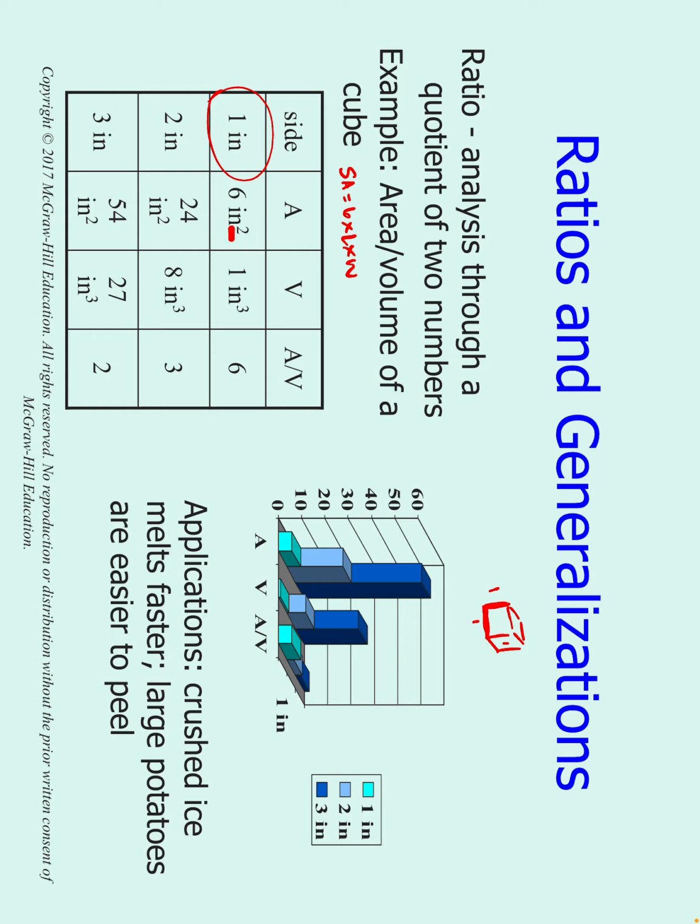Then the volume is length times width times height, so 1 times 1 times 1, which is why you get 1 inch cubed. If you were going to do the ratio of those two, area and volume, you would just do the 6 inches squared over the 1 inch cubed, and you end up with 6 divided by 1, or 6. And then they go on and do it for if the cube had 2 inch or 3 inch sides.